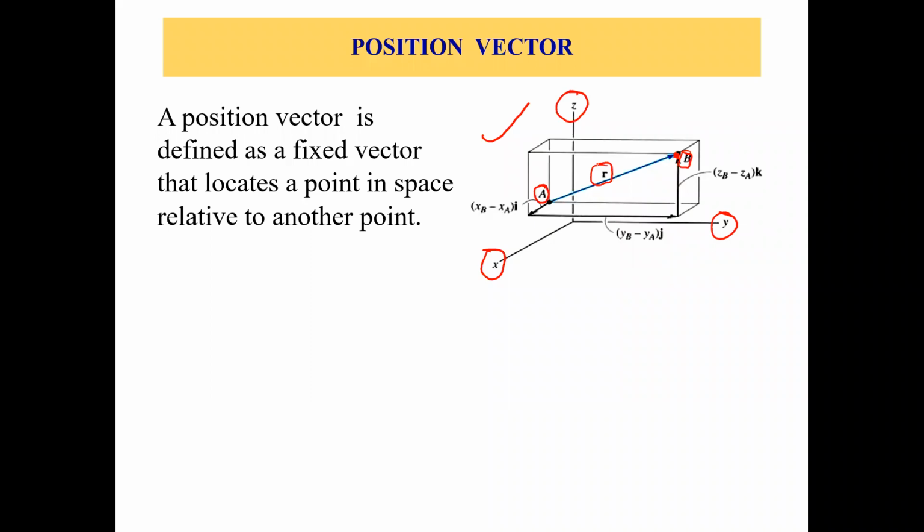What we'll do is XB minus XA, YB minus YA, ZB minus ZA. This will give us the coordinates of the position vector. Along with i, j, k, if we write i, j, k with these coordinates of the position vector, that will be the position vector RAB in Cartesian vector form.